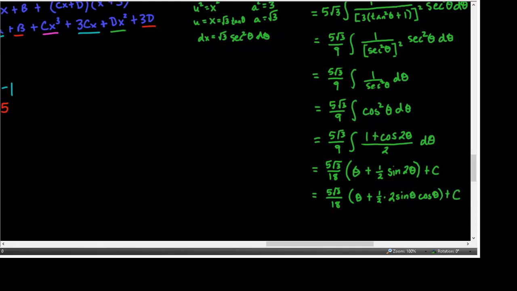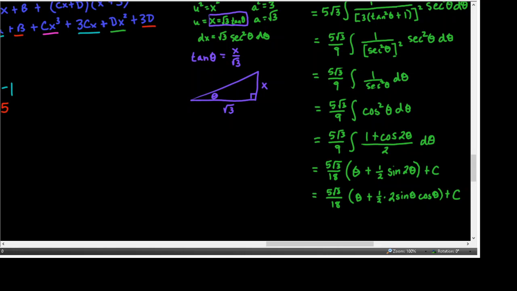Okay. Now I need to go back up here and look for the equation where x is related to theta the first time. And so dividing both sides by square root of 3 means that the tangent of theta is x over the square root of 3. Draw a right triangle. This is theta, this is your right angle, tangent is opposite over adjacent.